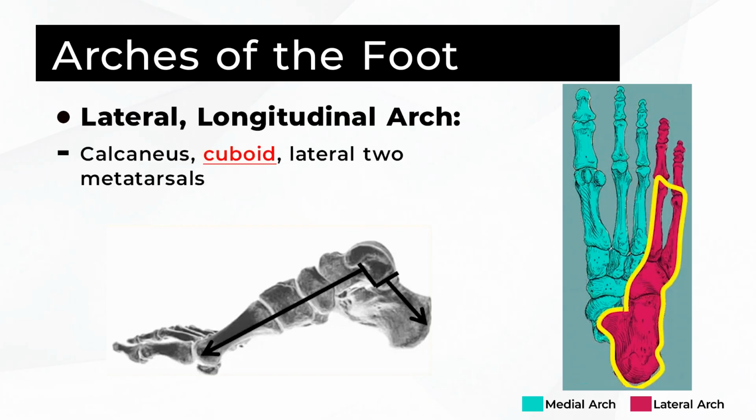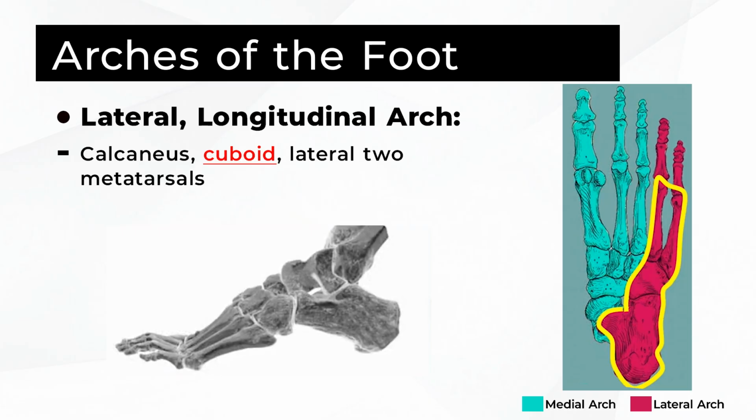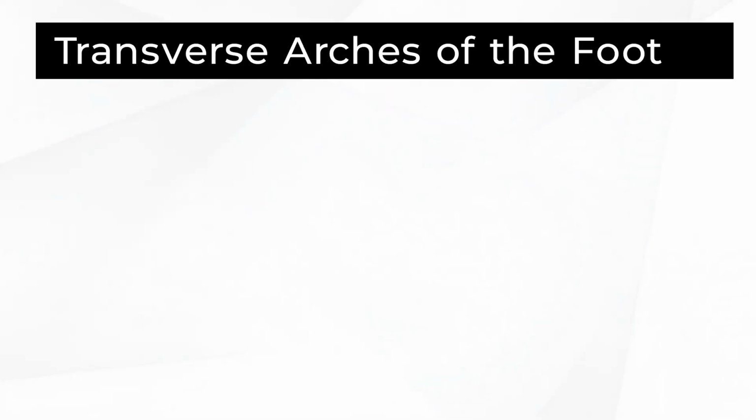The lateral longitudinal arch is made by the cuboid, which forms the keystone. The calcaneus again here forms the posterior pillar of this arch, while the anterior pillar is made by the lateral two metatarsals. There are three factors which support the arches of the foot.